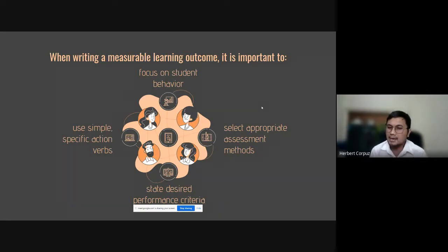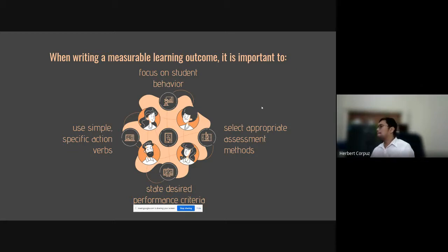For example, write sample learning outcomes to demonstrate one's understanding of the three domains of learning. Is demonstration an appropriate assessment method for students to be able to write learning outcomes? Appropriate siya. Okay? Tama yun.